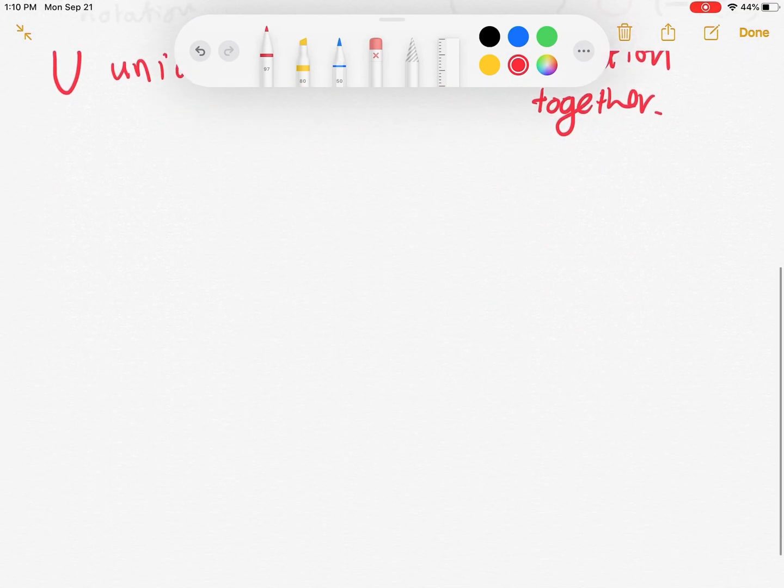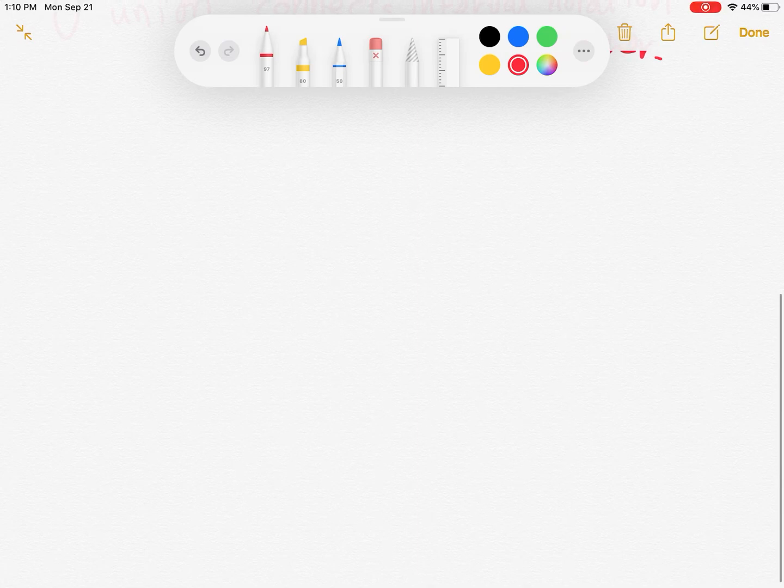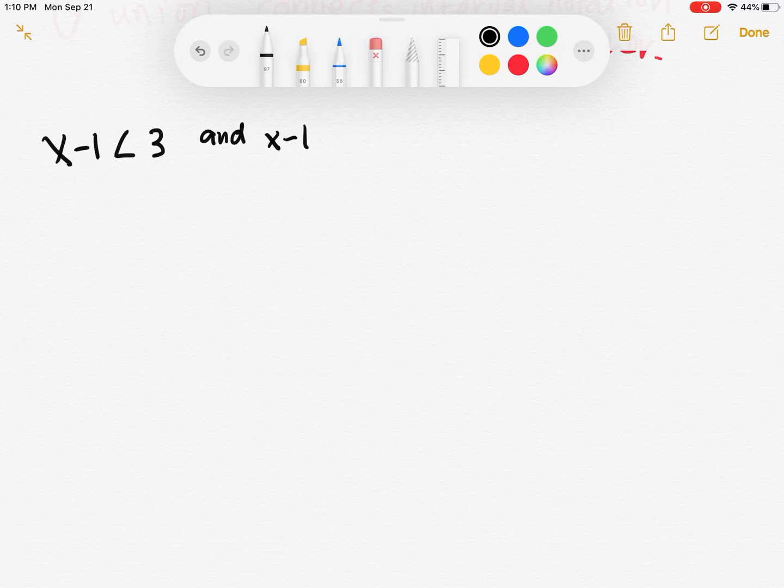Let's try some problems really quick. Let's try x minus 1 is less than 3 and x minus 1 is more than negative 2.